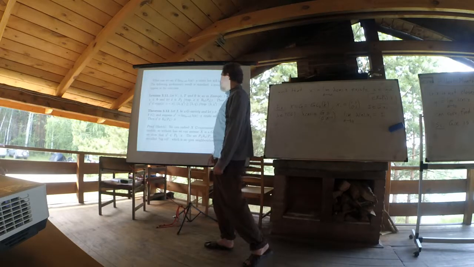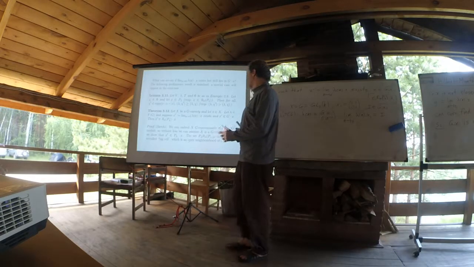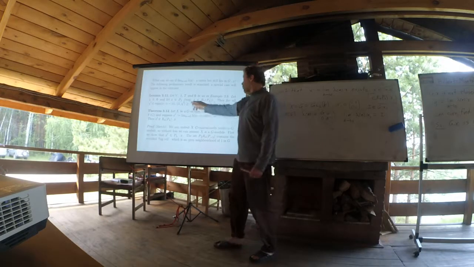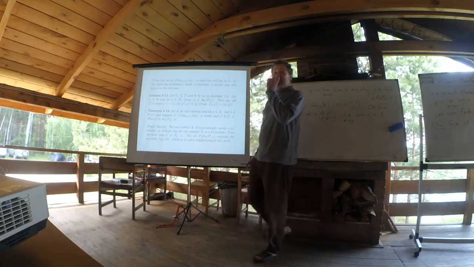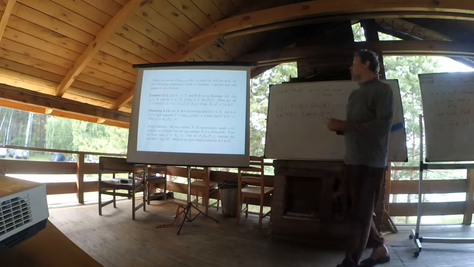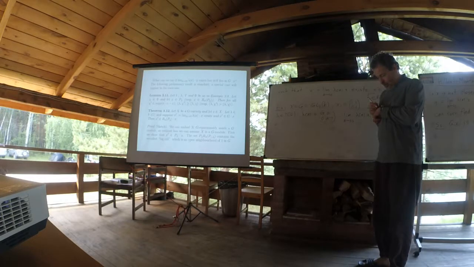My notation's not very good here. I shouldn't really call this x, I should have called this g probably, because this is an element of the group, not an element of the variety that we're looking at. Not a very good choice of notation.